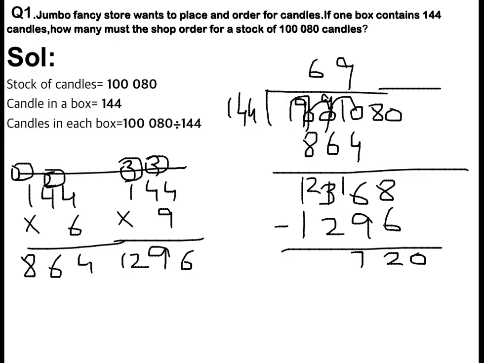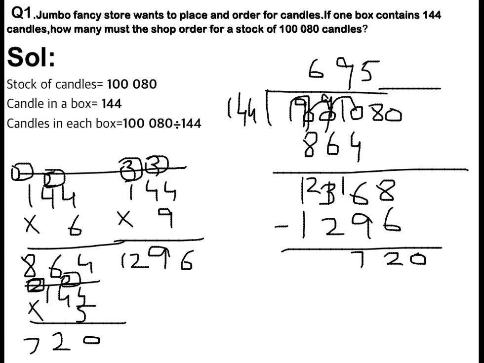Now we will check. 144 multiplied by 5. 5 fours are 20. 2 carry. 5 fours are 20, 21, 22. 2 carry. 5 1 is 5, 6 and 7. Oh, fully divided, and the remainder is 0.